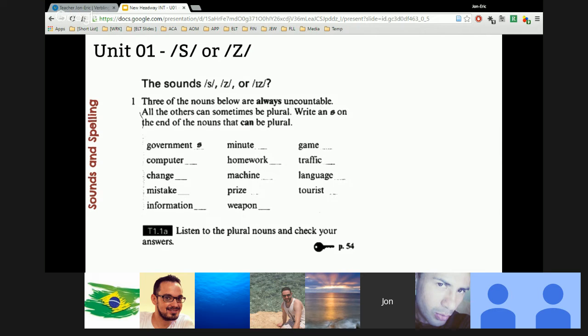Traffic should be? Traffic is uncountable. I thought I was going to trick you. You cannot say traffics. It doesn't exist. But now, language is countable. So what should that be?